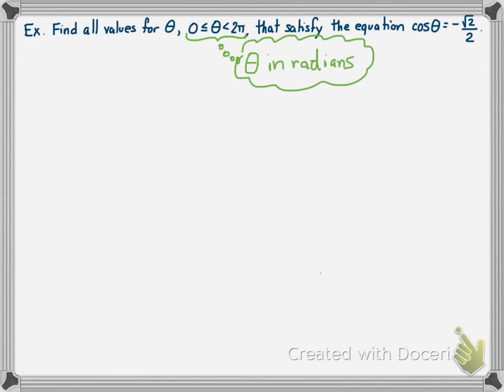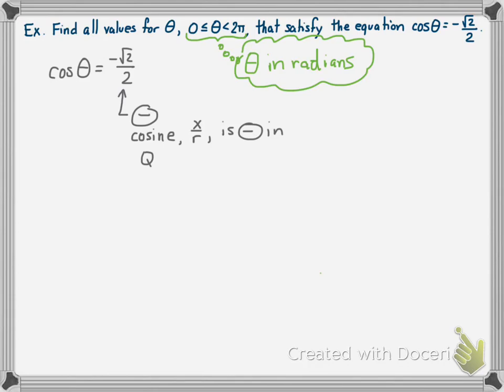Okay, so now we are going to look at the equation that we're given, which is cosine of theta is equal to negative root 2 over 2. Our goal is to figure out angles of theta where this holds. The first thing that I see here is that this value is negative, and cosine, which is x over r, is negative in the quadrants where x is negative, so that's going to be on the left side.